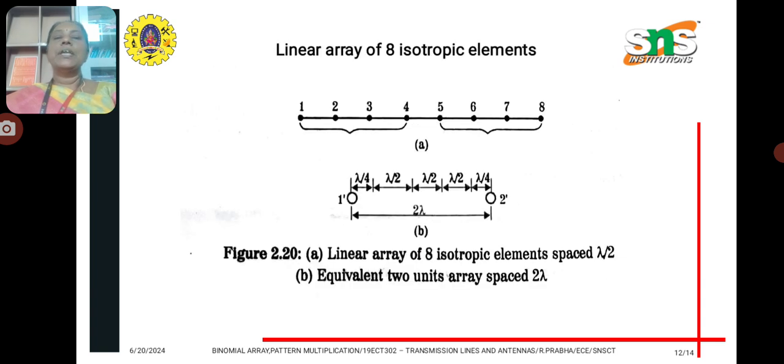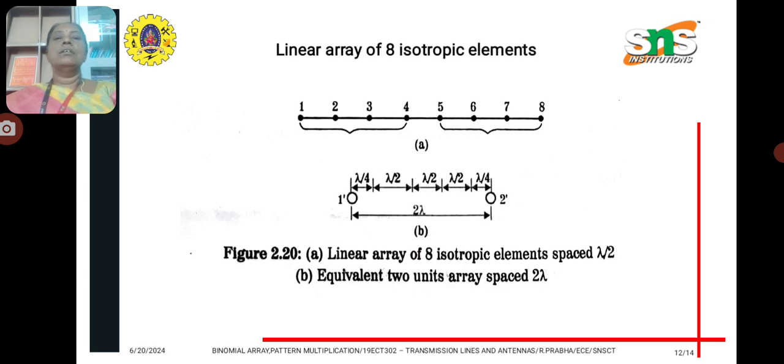Similarly we can calculate the linear array of 8 isotropic elements. Here also we have to find two patterns, the unit pattern and the group pattern. For getting the unit pattern, we check the 4 antennas kept in free space, and we have already calculated this case, the 8 shape.